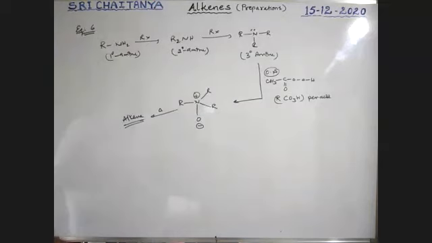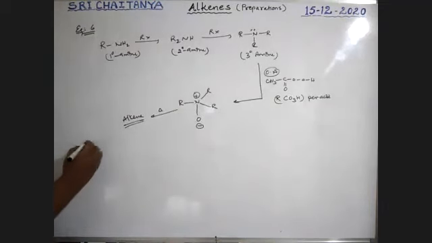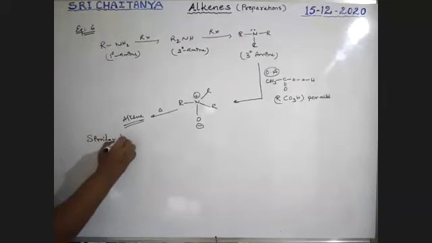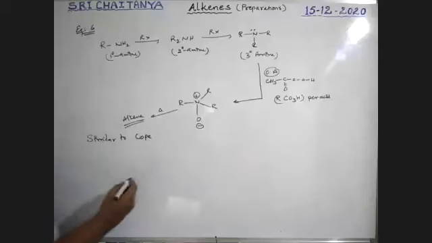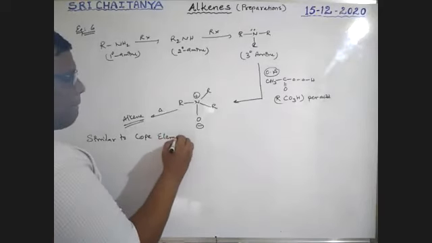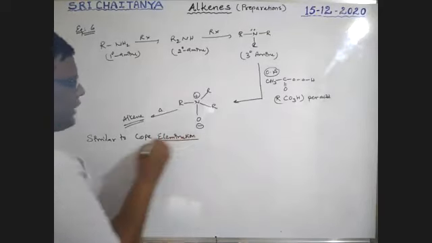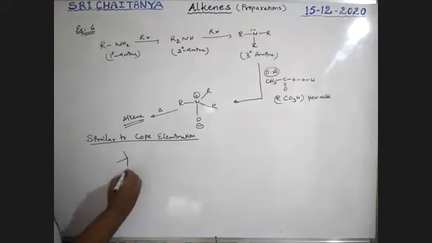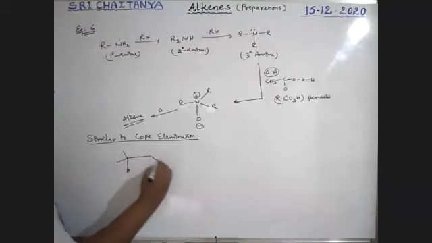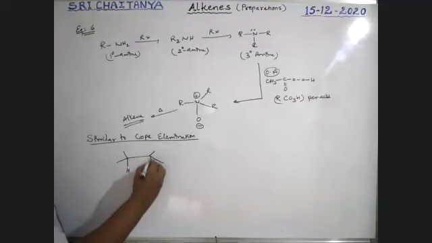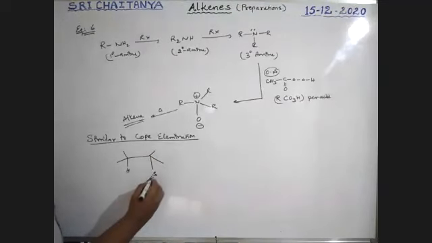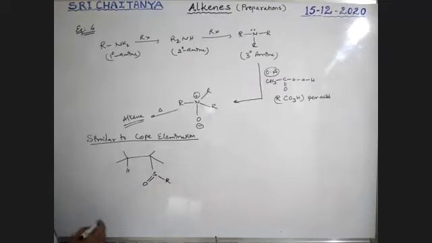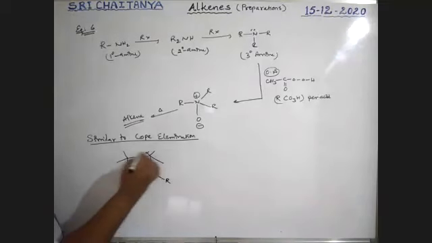Okay. Next, similar to Cope elimination, the following reactions are there. See here, this is hydrogen. So sulfur compounds, with double bond O, and R is there. This is alpha, this is beta.